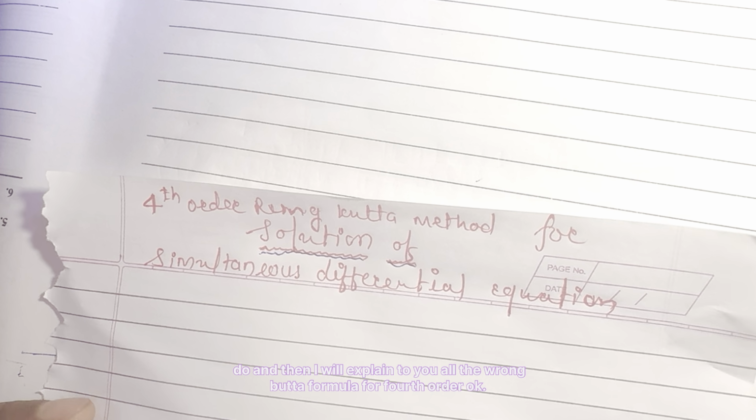We know that a simultaneous differential equation can be written as dy by dx equal to f of x, y, z, and consider another function dz by dx as g of x, y, z, with initial boundary conditions y of x naught equal to y naught and z of x naught equal to z naught.